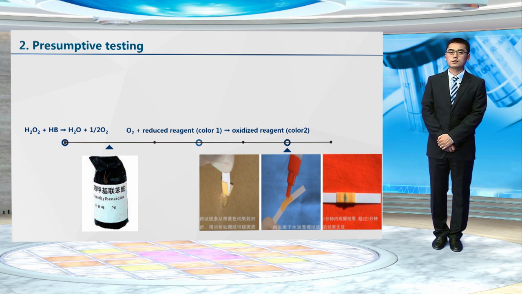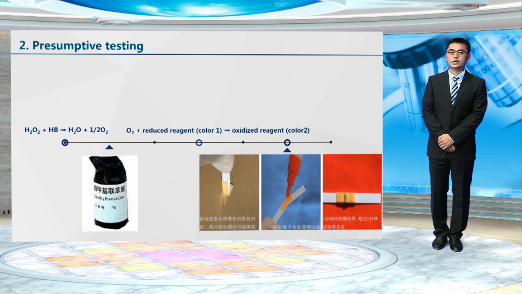These tests work on the principle of converting a colorless reagent to a colored product through a catalyzed oxidation reduction reaction. In this process, the heme in blood, because of its peroxidase type activity, catalyzes the breakdown of an oxidizing agent, such as hydrogen peroxide.